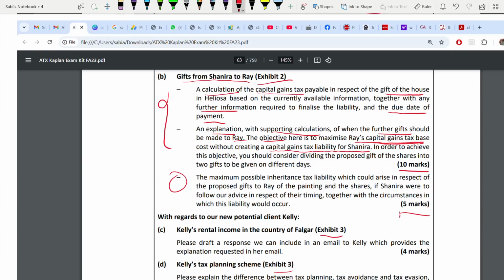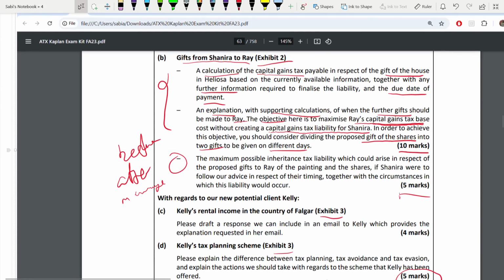Okay, so in order to achieve this objective, you should consider dividing the gift of shares into two gifts on different days. They have already given you a hint. So on two dates. What are the two dates? Before and after marriage. Which gift has to be given before marriage and which is to be given after marriage? This is for shares. And also other gifts.